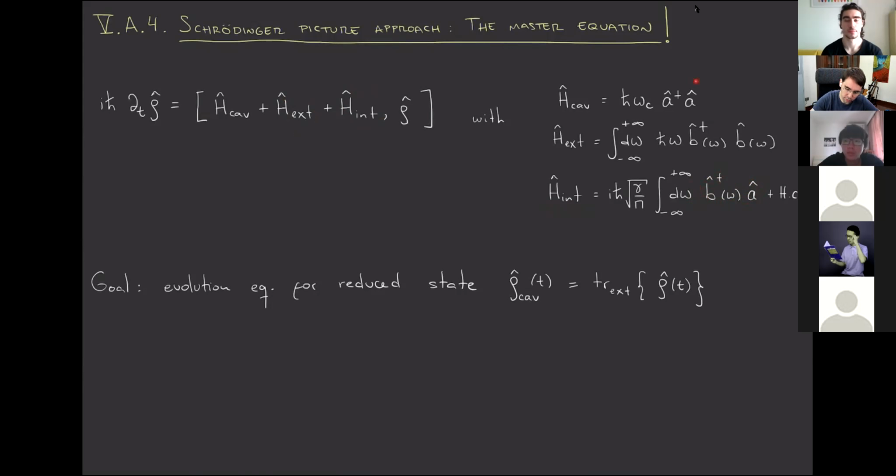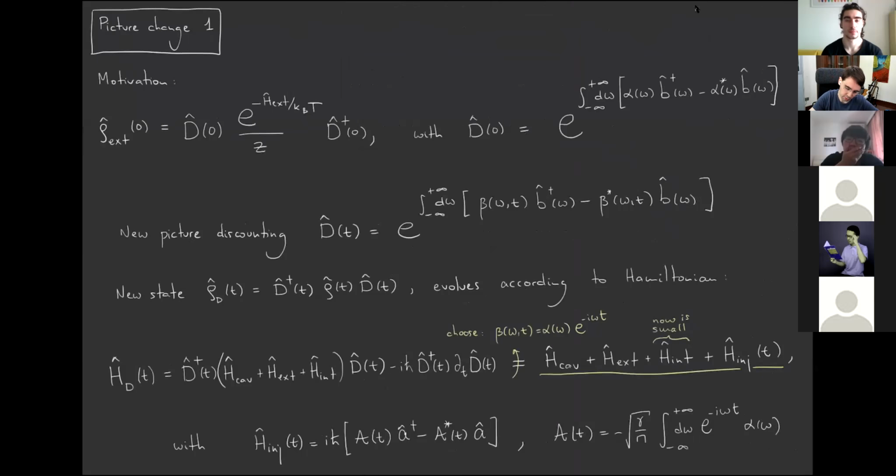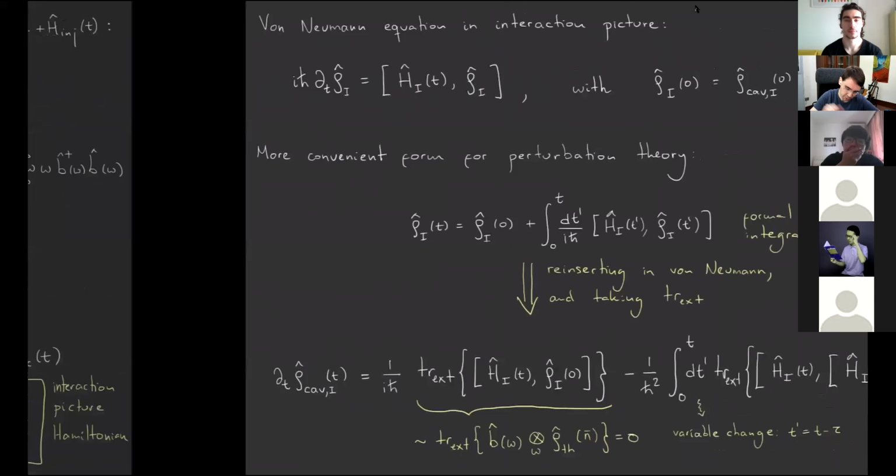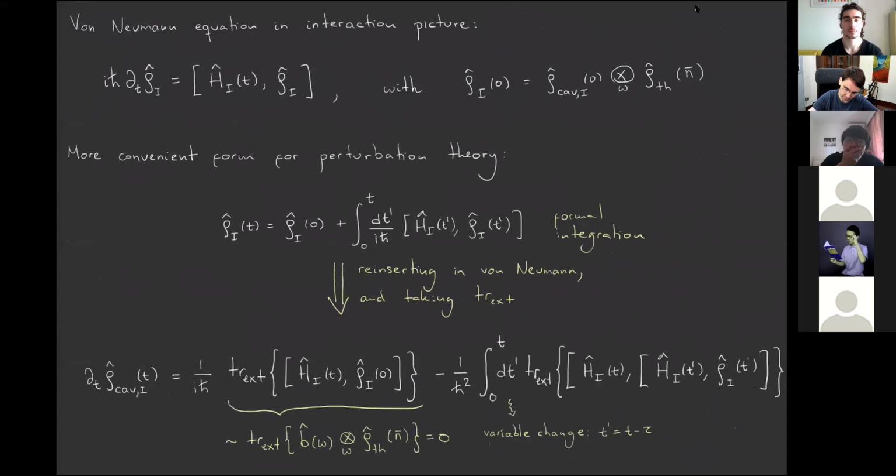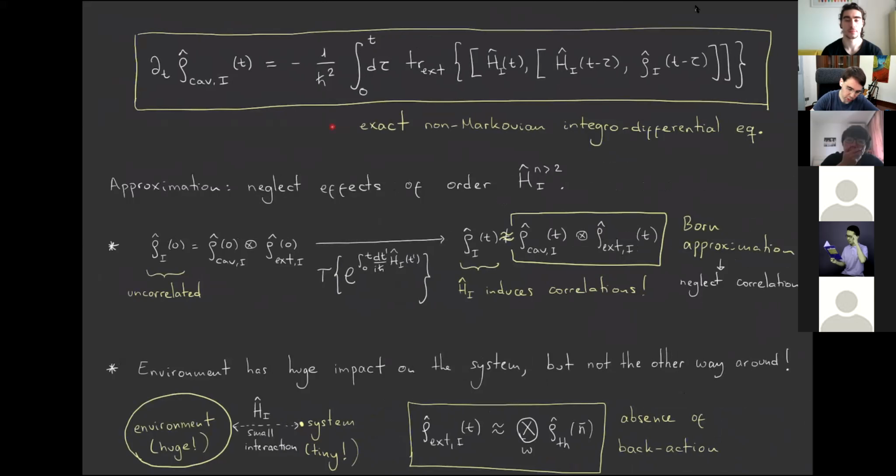So when we do this approximation, and then we go to the interaction picture, we end up with an equation for the reduced state of the system. So this is the trace over the environment, okay? This is the full state, traced, a partial trace over the environment.